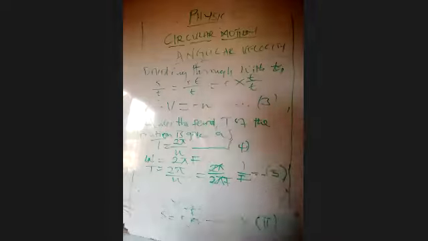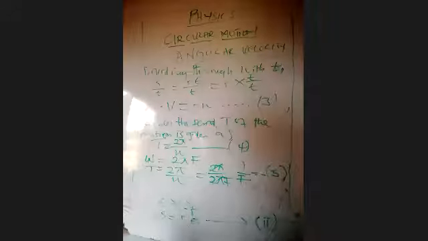Now, in moving through the arc, the S in the arc of the circle of the radius of the angle moved is theta. So theta is equal to S all over the radius.